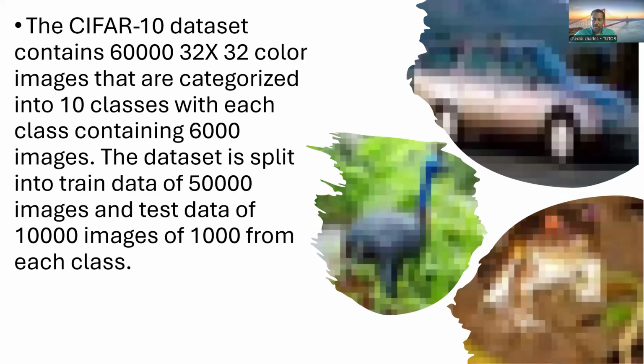Now let's talk about this CIFAR dataset. First of all, the dataset is made up of 60,000 images of dimensions 32 by 32, colored images, not grayscale, and each of them was categorized into 10 classes, with each class containing 6,000 images. The dataset was split into train and test data.